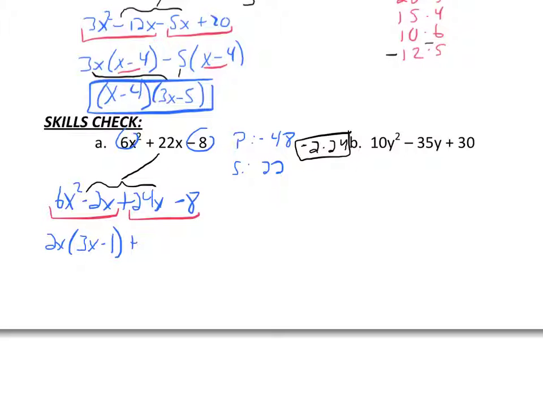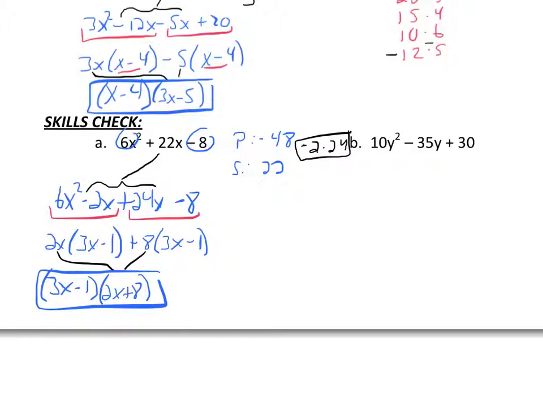I'll take a plus 8 out, and we get a 3x minus 1. So they both have a 3x minus 1. And we put the two terms that are left, the two front terms, in its own binomial.